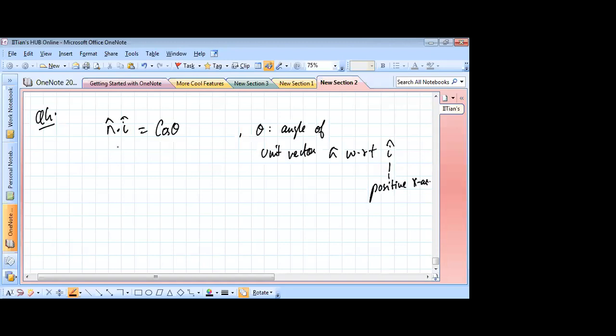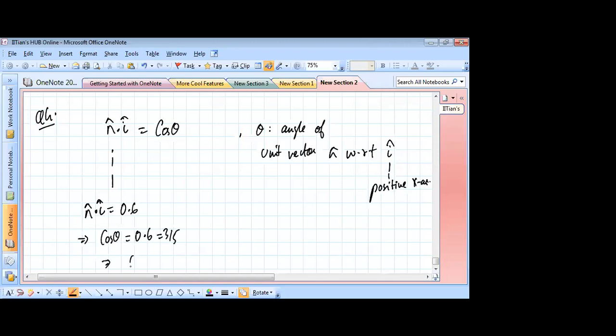Because A dot B is AB cos theta, and here the magnitude of both vectors is unity. In the question it is given that n cap dot i cap is 0.6.